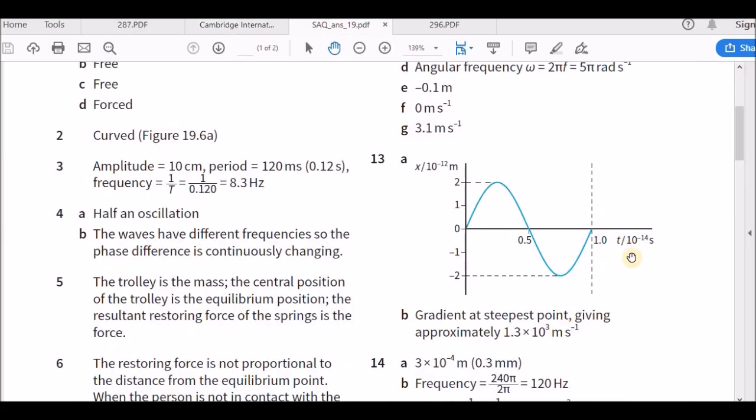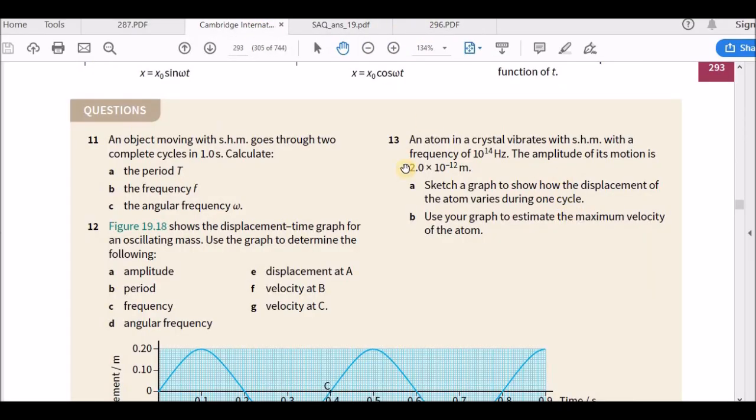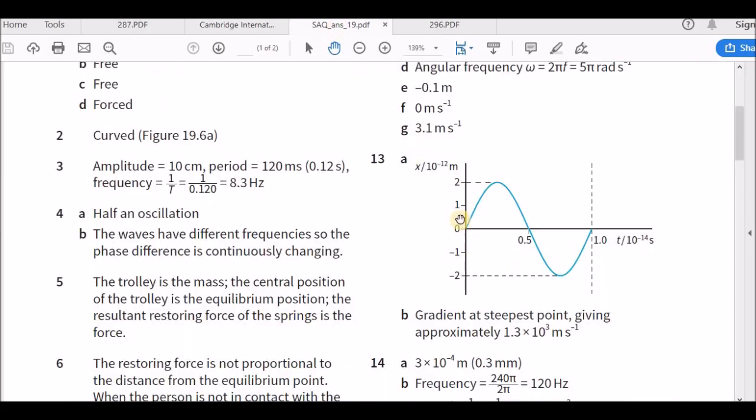According to the rules of indices, it will be minus 14, so they have included it over here. So 1, and then here you can see the amplitude is 2 times 10 to the power minus 12.